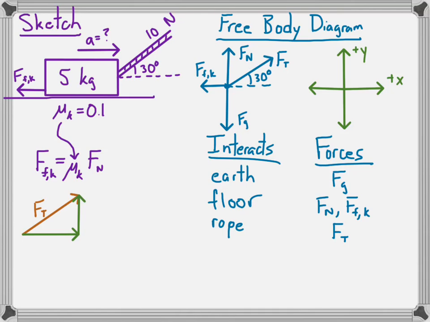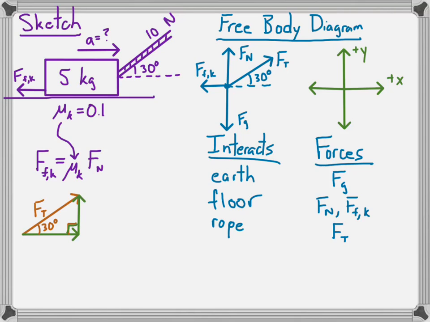And when I do that, what happens is that I end up drawing a right triangle. So this is a right triangle, and the right angle is between the two vector components. And we also know that this angle is 30 degrees.